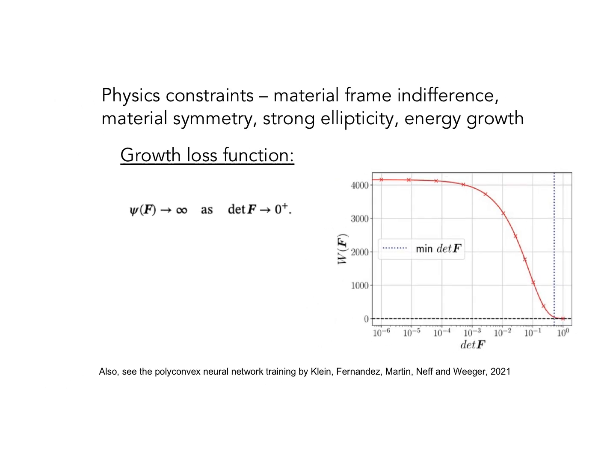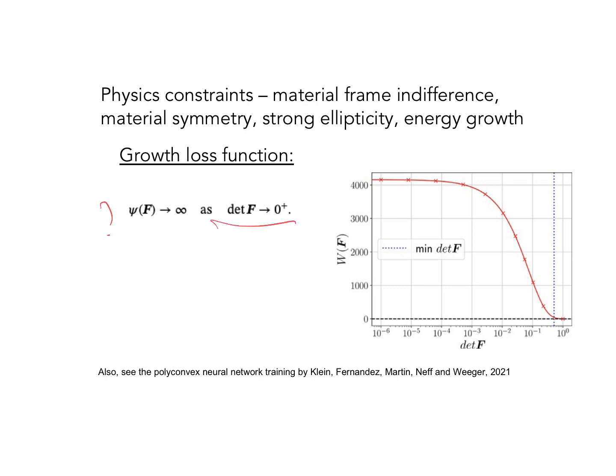Then there's another condition that would be interesting to talk about. This is called the growth condition. It goes to two things. If the deformation gradient becomes 0, meaning a finite volume object becomes a point, it will take an infinite amount of energy. This is theoretical continuum mechanics.